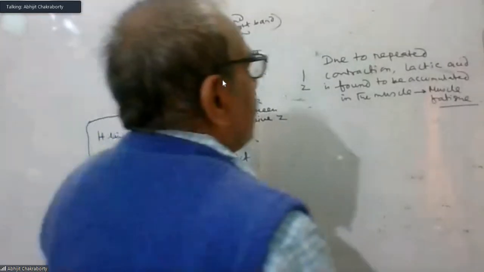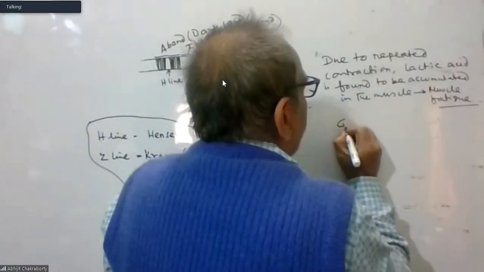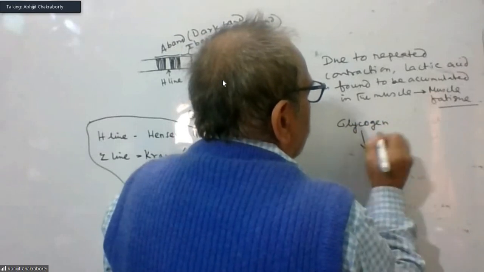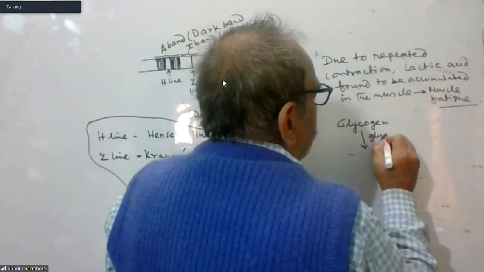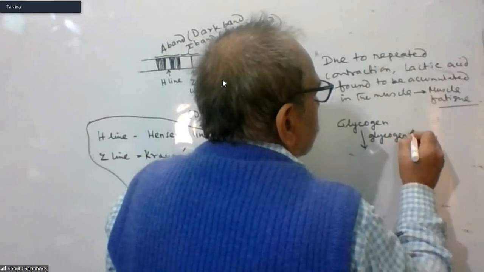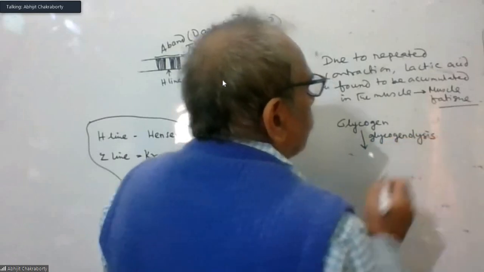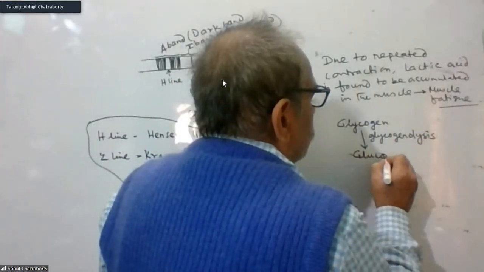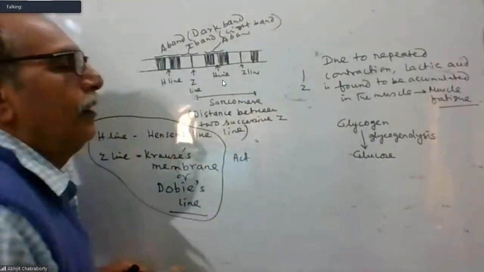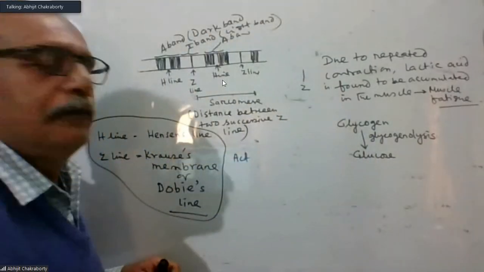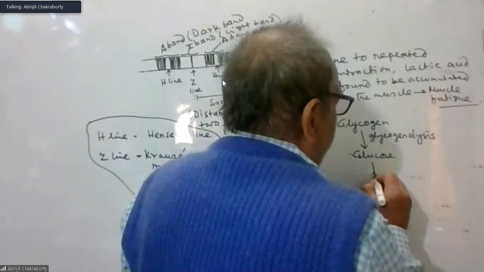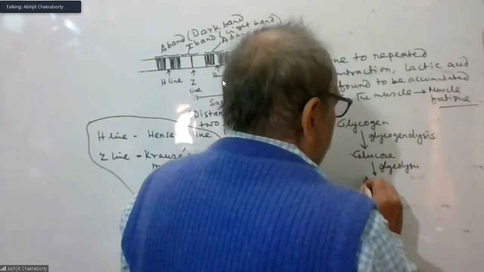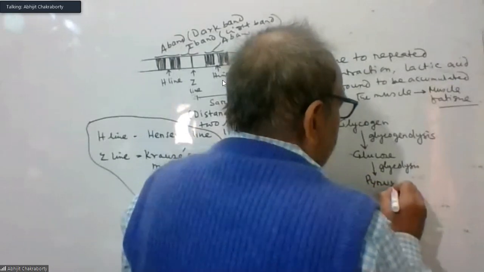Whenever there is a demand of energy in the muscle, glycogen stored in the muscle undergoes glycogenolysis to form glucose. Glucose then undergoes glycolysis to form pyruvic acid.